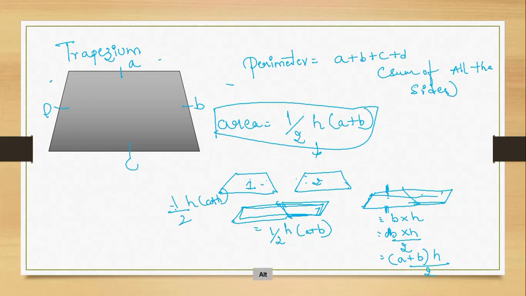Let us solve one example for the trapezium. Let us consider a trapezium in which the height is given as 3 meters, this parallel side is 4 meters and this parallel side is 5 meters. Then they ask us to find the area.